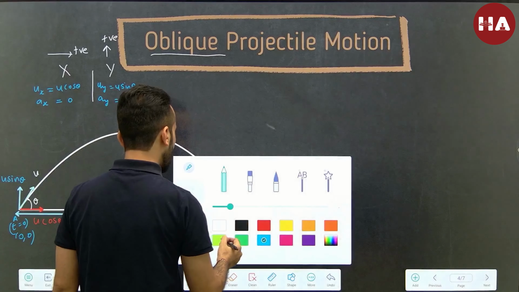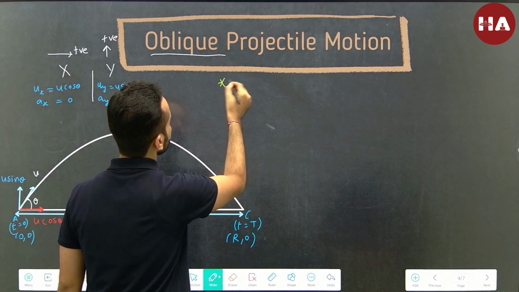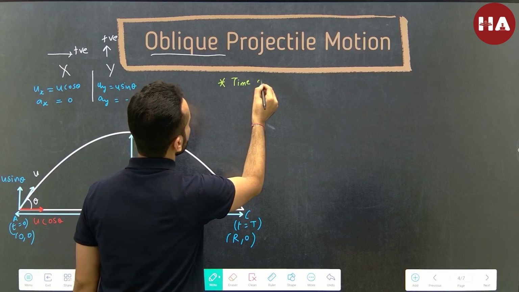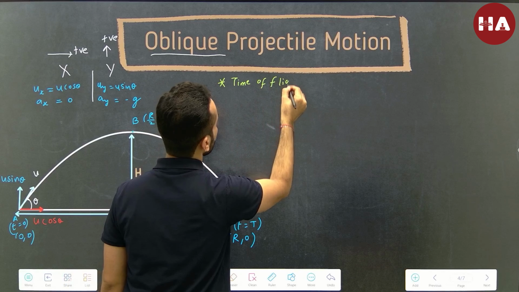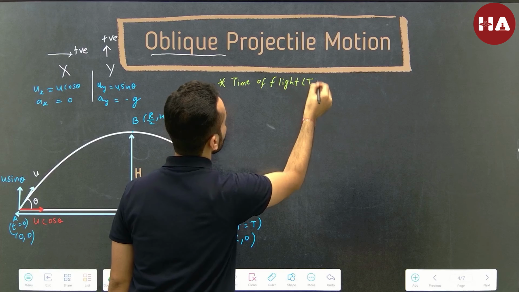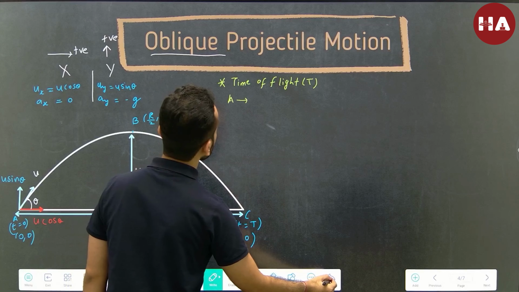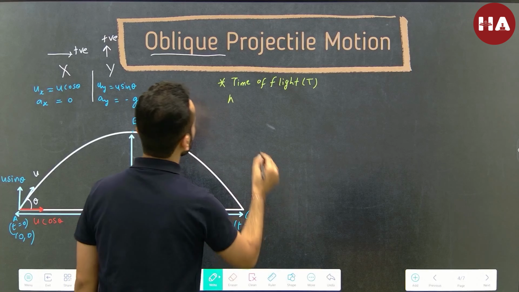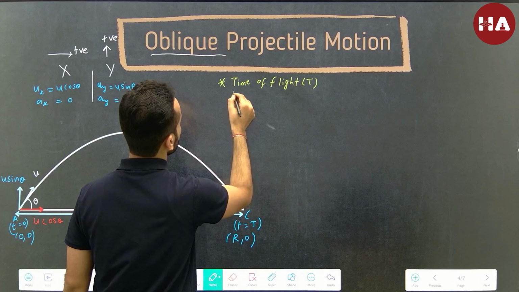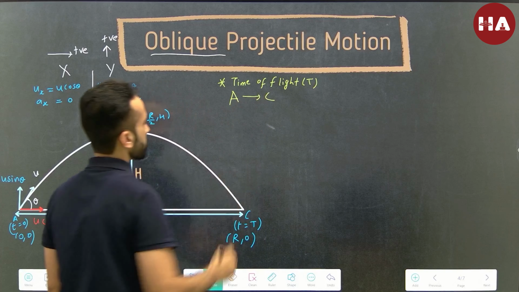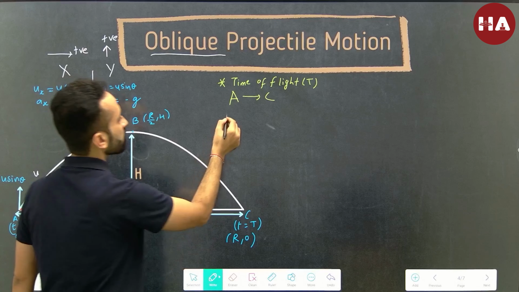So we will first start with the time of flight. Time of flight, you would understand, is the motion from A to C. Now, which equation are we using?